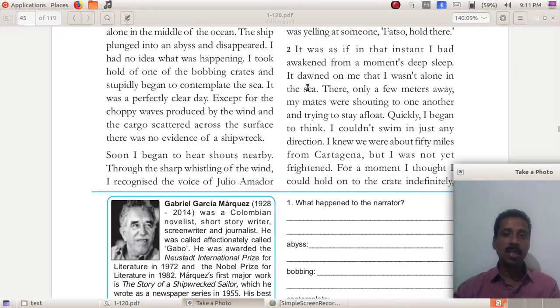So it was as if in that instant I had awakened from a moment's deep sleep, because everything, the shipwreck, everything happened all of a sudden. That's why he says that it was as if he had awakened from a moment's deep sleep. So it dawned on me that I wasn't alone in the sea.